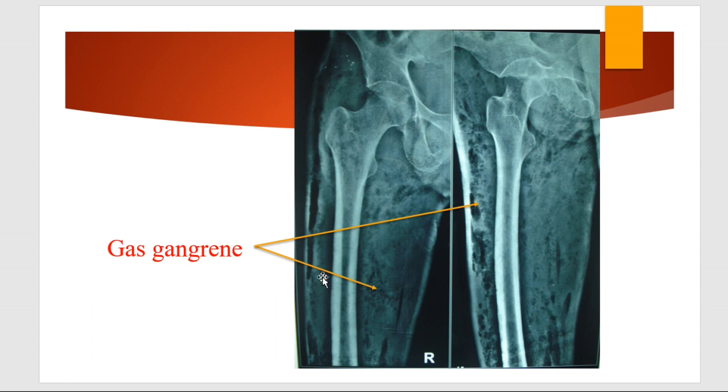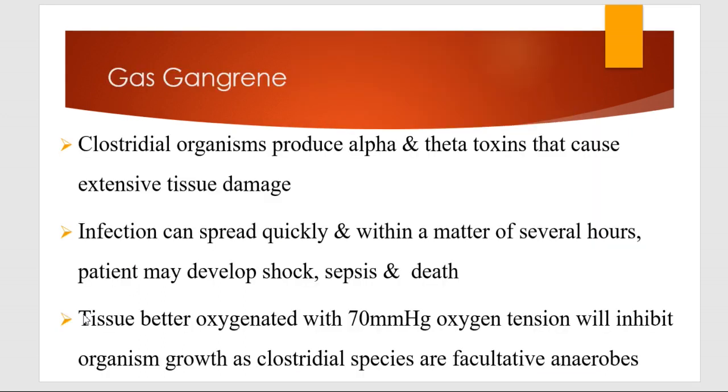This was a young patient, around 30 years old, post-traumatic, and this is how gas gangrene is usually visible on X-ray, right? So clostridial organisms produce alpha and theta toxins.